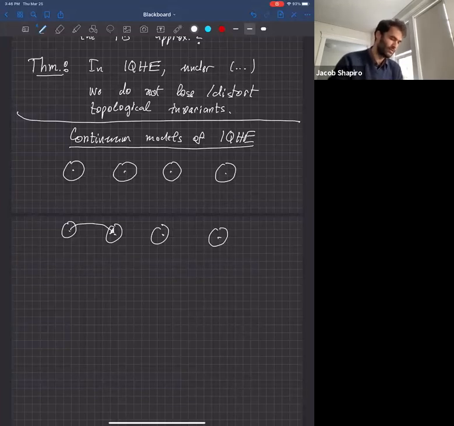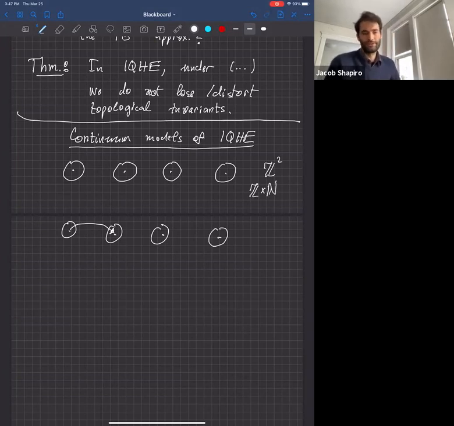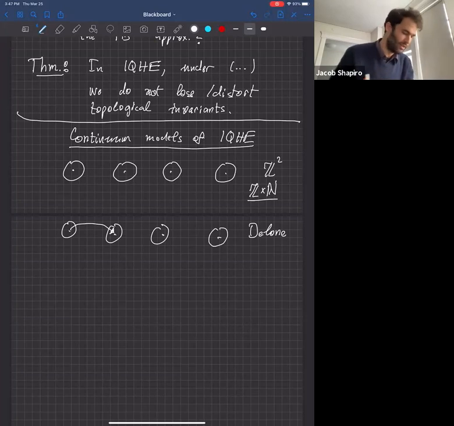So this lattice of wells need not be Z². For example, it could be Z times N. And when it's Z times N, it would model a system that has a boundary, called an edge system. And we want to understand both systems on the same footing. However, in the second one, you cannot do Bloch decomposition on one of the axes. Or you can even consider a much more general Delaunay set, where the centers of the wells could be any random process, and the only requirement is that there's a minimal pairwise distance so that they don't suddenly collapse onto one another.